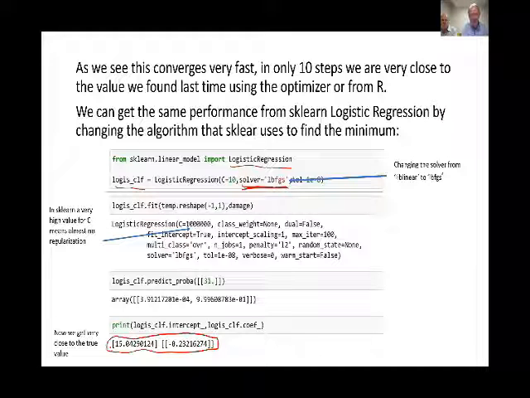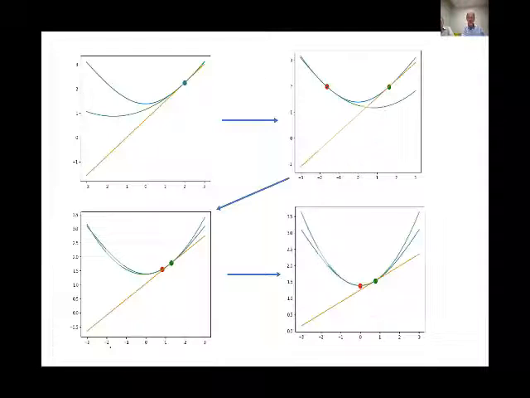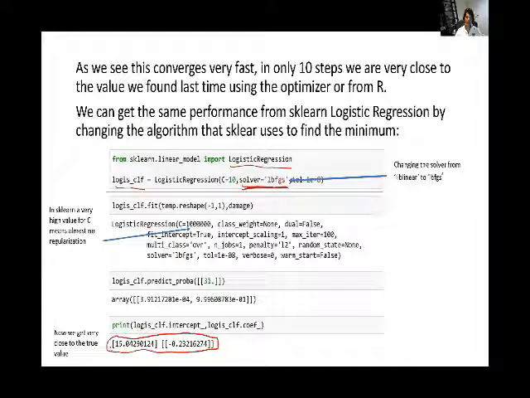That's another solver that uses the Newton method. So you can do it with sklearn also. Here sklearn will by default use liblinear, which converges very slowly. It will use gradient descent, so it will not converge.